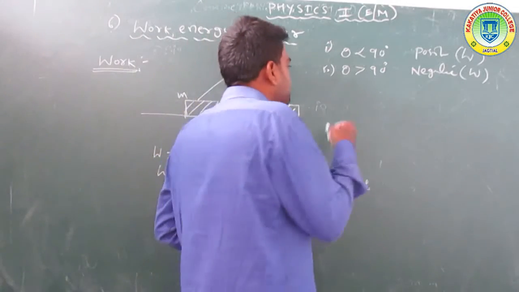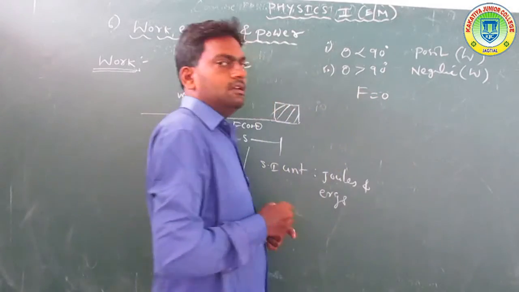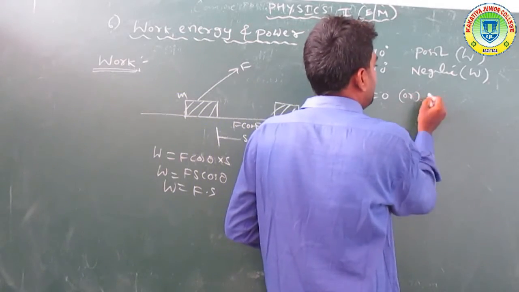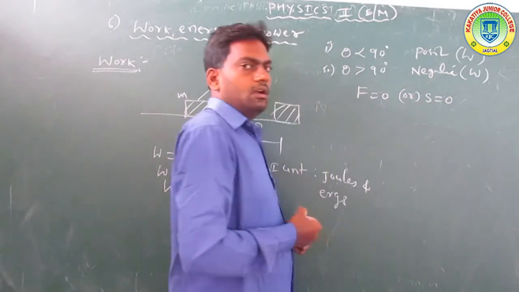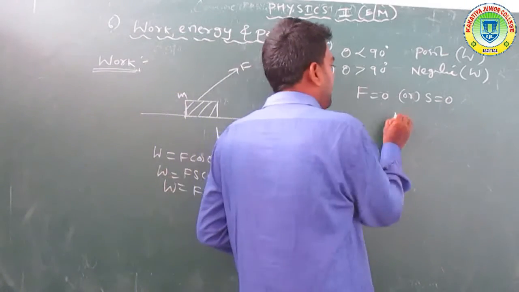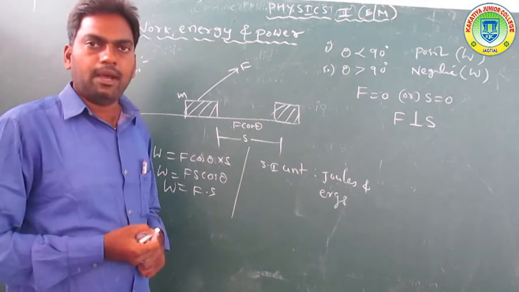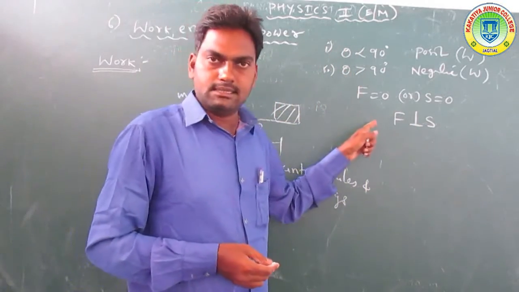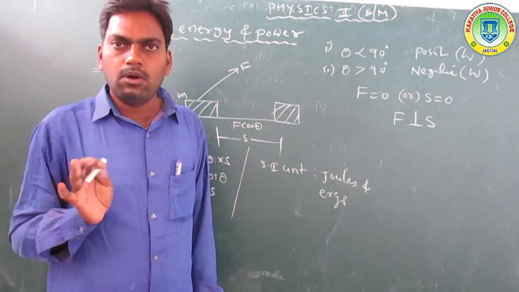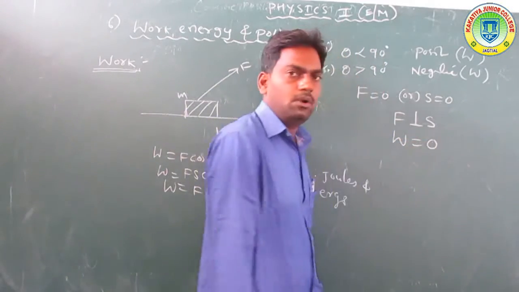Now, in some cases, the force is equal to 0, or the displacement S is equal to 0, or F is perpendicular to S. In those conditions, the work done is 0, W is equal to 0.